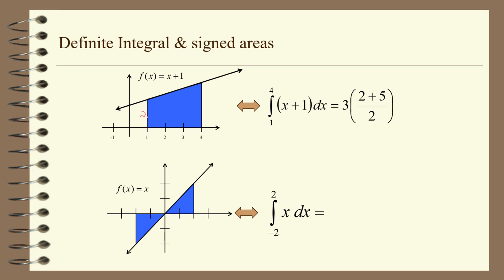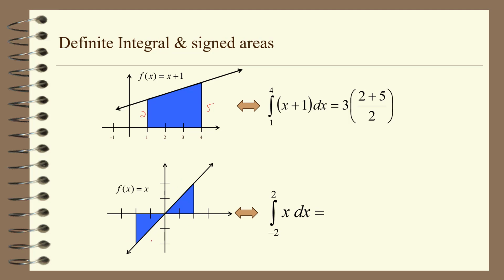So that height is 2. This height is 5. So the average of the bases, 2 plus 5 divided by 2, times the height between them, and that distance is 3. So this definite integral has got to equal 3 times (2 plus 5)/2. It is just 21/2.